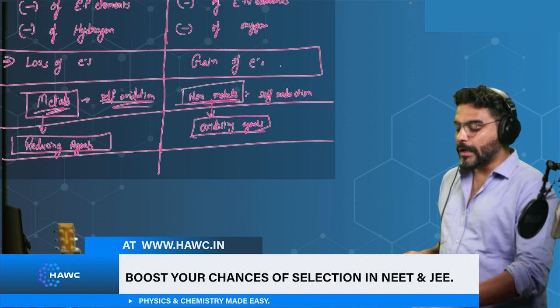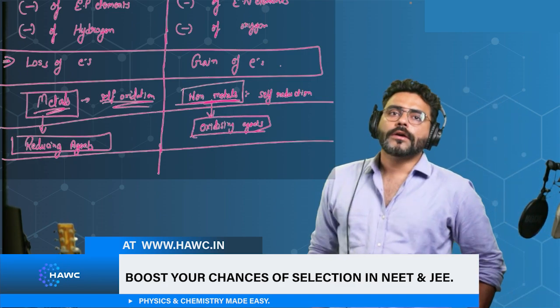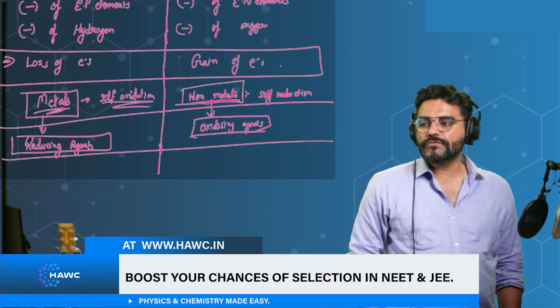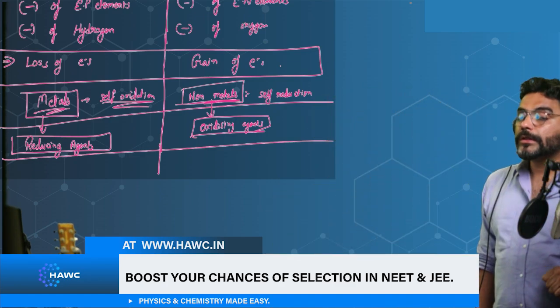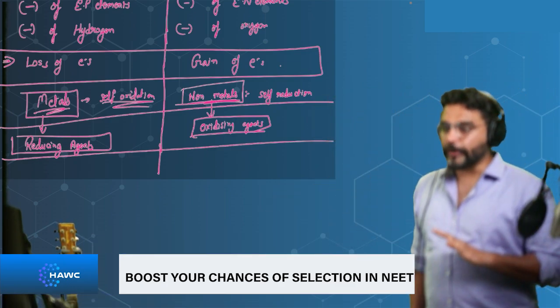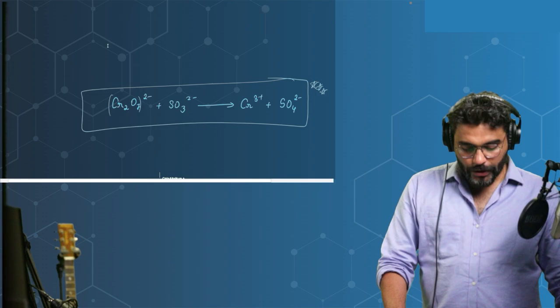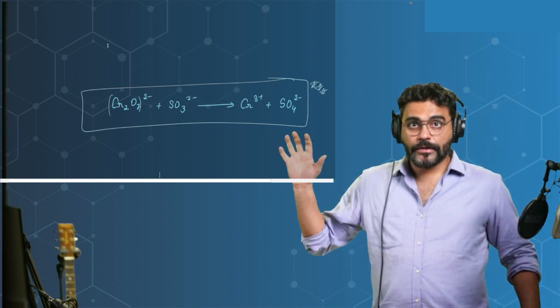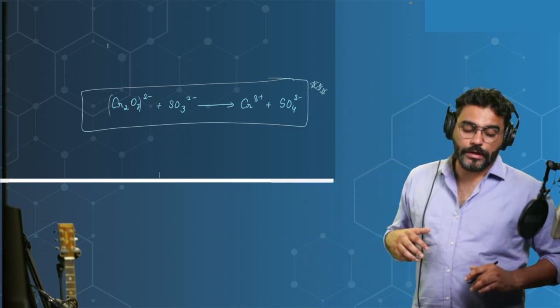You should write a note or a reminder that there are a few things in redox reactions which become much clearer when we solve chemical bonding. Can you see the reaction? I have magnified it.